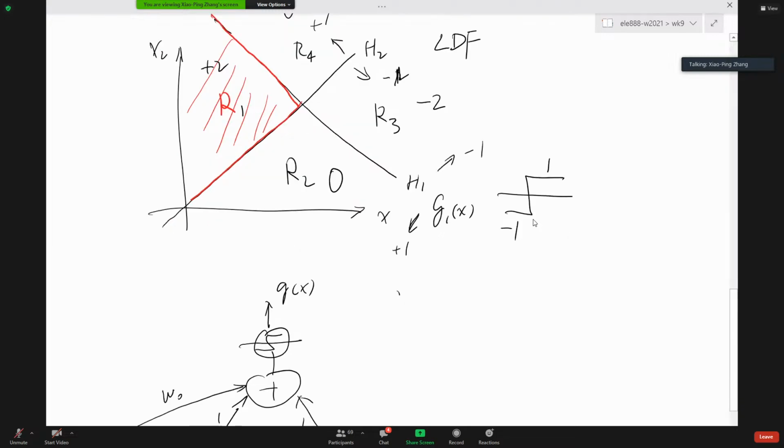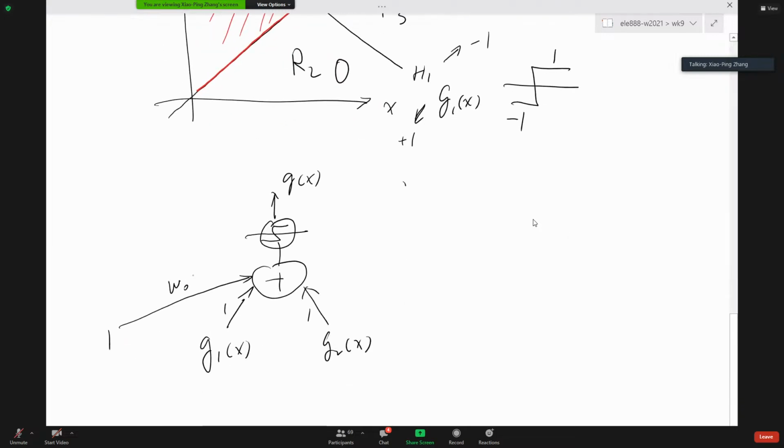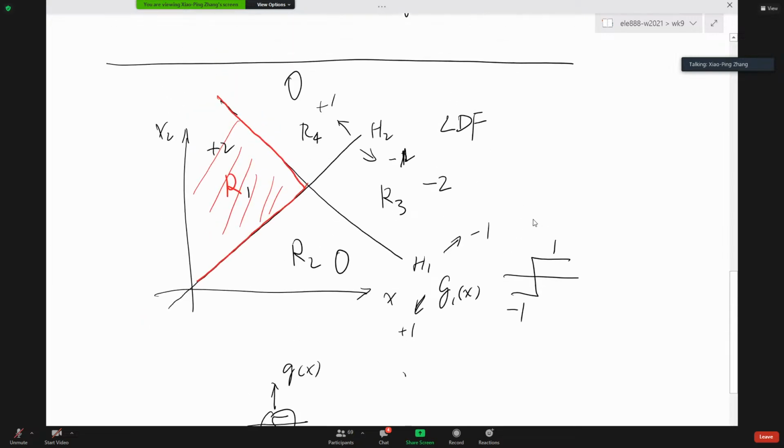So I can use this W0 as a threshold, and then I will be able to construct a piecewise linear region.